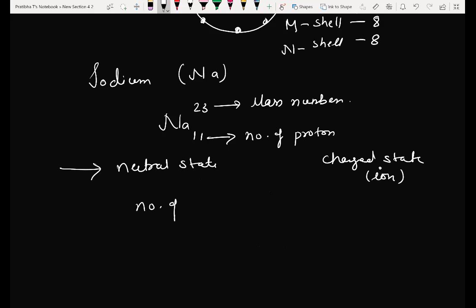My number of protons must be equal to the number of electrons. This is the condition when it becomes neutral, when it has zero charge, right? So how many plus you have and how many minus you have, if they both are equal, one plus is going to be cancelled by one minus, and in this way I get a neutral charge on my atom.